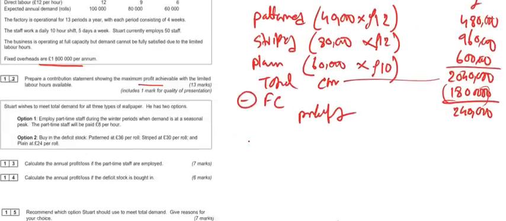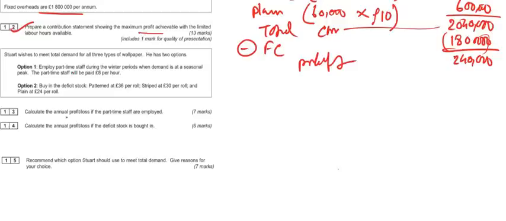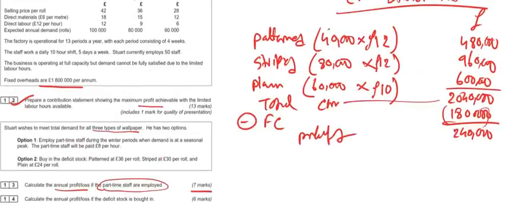Number 12, we just have done it, haven't we? Yeah, we did. Okay, second requirement: calculate the annual profit or loss if the part-time staff are employed. There's a bit of scenario we need to read to do the second requirement for 7 marks. Stuart wishes to meet the total demand for all 3 types. You remember, for the pattern, we could not meet the 60,000 of those items because of shortage of labor hours.